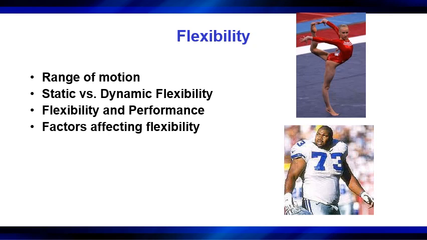Resistance training, as long as you're resistance training with a full range of motion, that will help to improve flexibility. So flexibility and motion and anything that falls within that sort doesn't just have to be improved through stretching. As a matter of fact, sometimes the strength of the muscle can affect how far it's going to move as well. So resistance training with a full range of motion will influence flexibility positively.